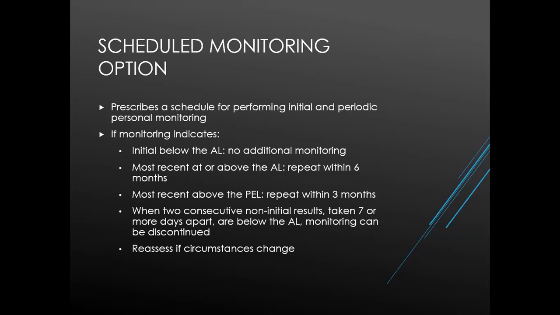And then you must reassess exposures whenever a change in production, process, control equipment, personnel, or work practices may reasonably be expected to result in new or additional exposures at or above the action level, or when the employer has any reason to believe that new or additional exposures at or above the action level have occurred.